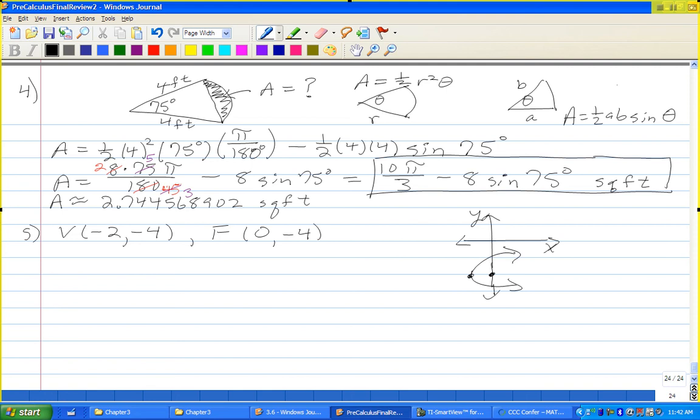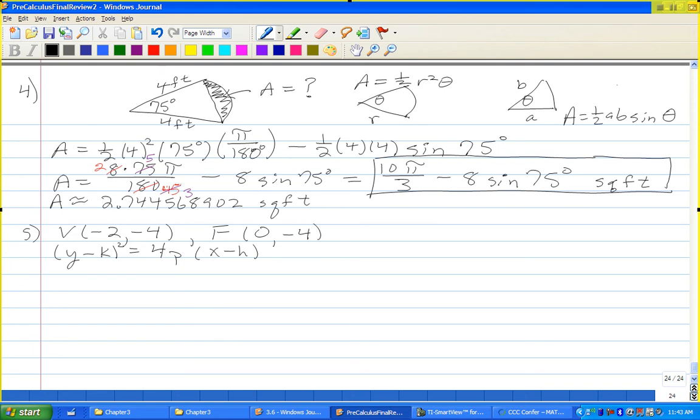So the equation of it is going to be y minus k squared equals 4px.